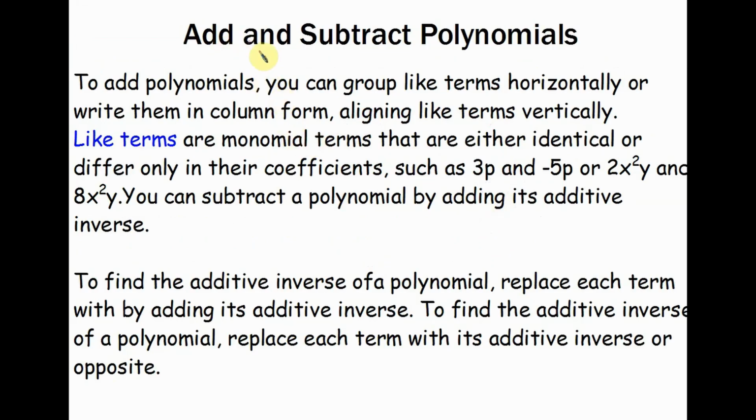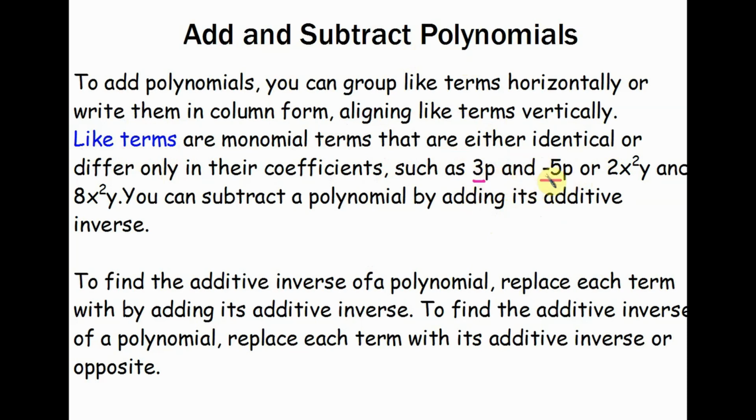In order to add and subtract polynomials, we use a similar concept to when you learned like terms. Like terms are monomial terms that are either identical or differ only in their coefficient. For example, 3p and negative 5p. They both have the variable p with the same exponent, where their coefficients differ from each other.